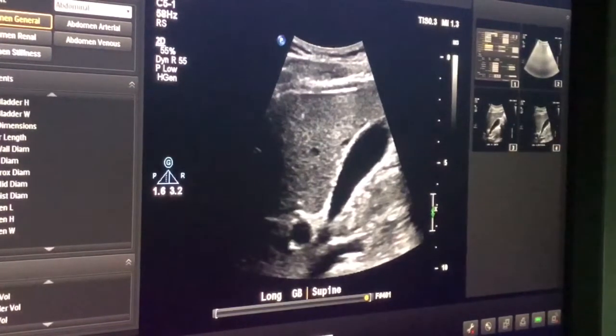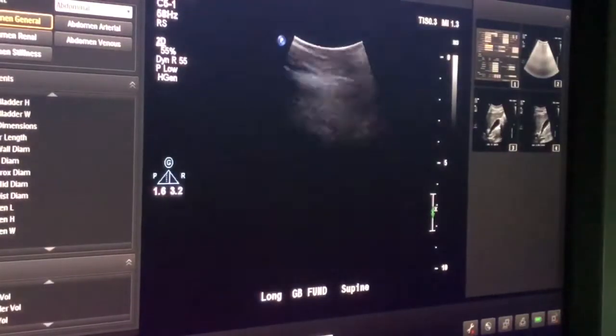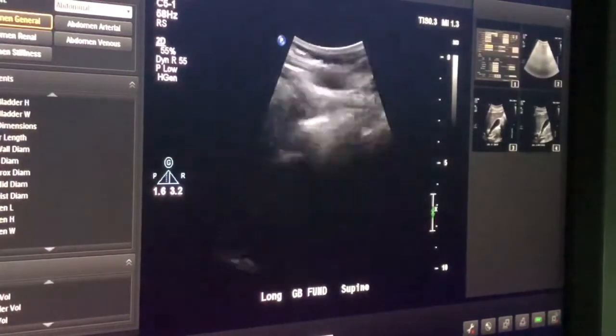Next, I'm going to take a long image focusing on the fundus. Have the patient take a deep breath in and hold it again.